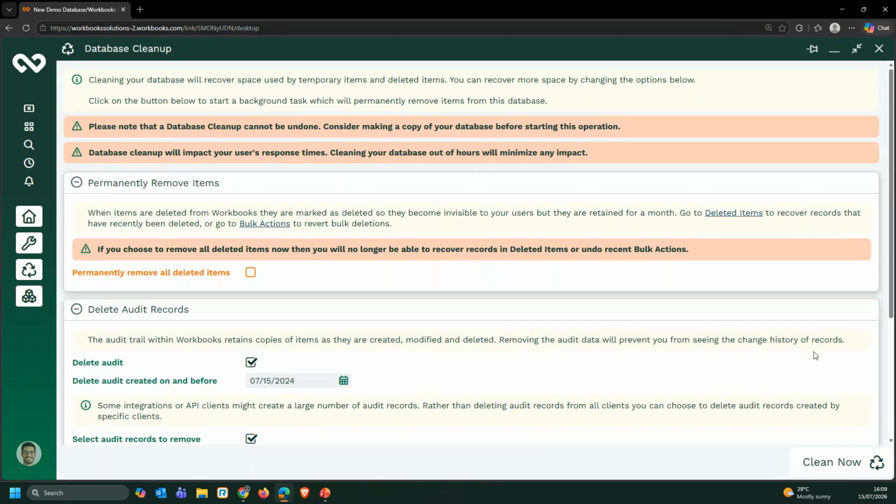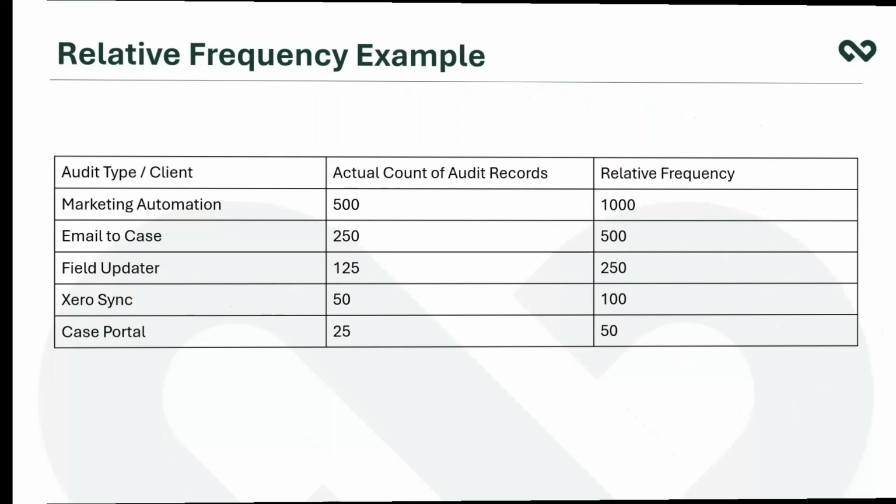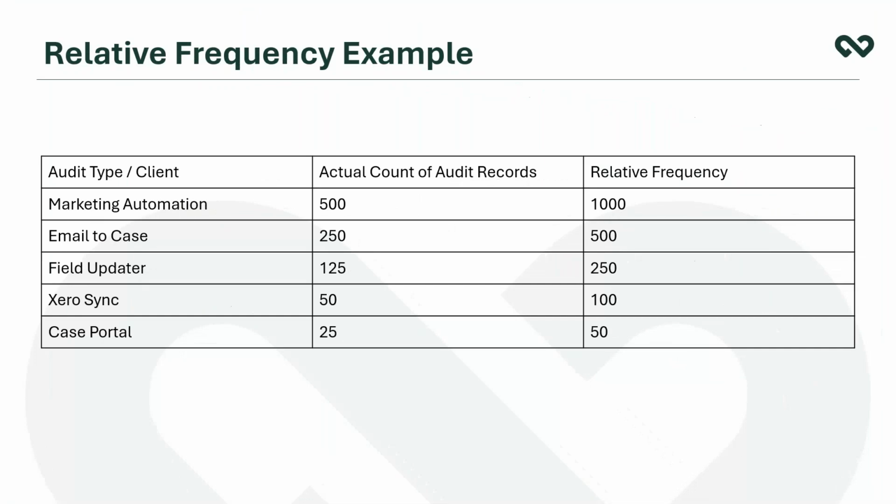So if I go back into my presentation, here's a better example of relative frequency. I've just put together this table to show different API clients where you can see a few different examples which would generate audits.